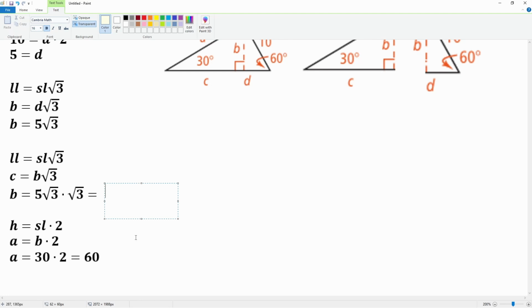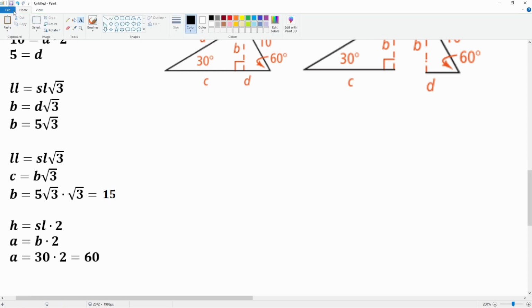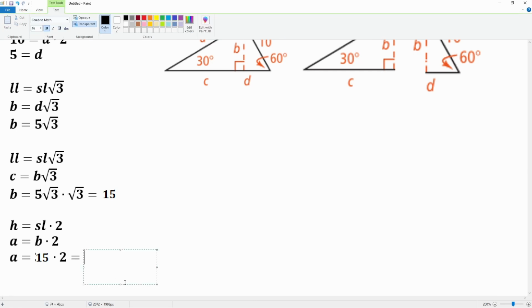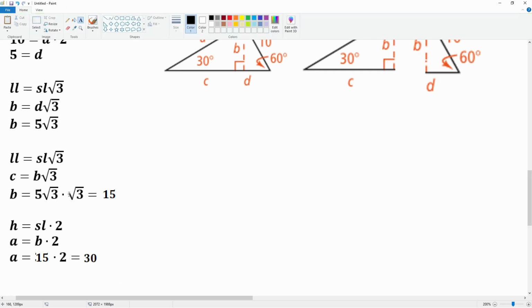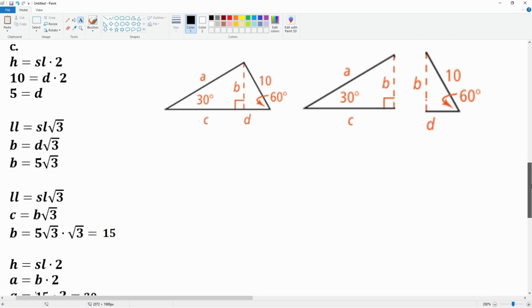Okay, and then since this is 15, once I plug the B value in here, this should be then 30. Okay, that makes more sense, right? Radical 3 times radical 3 is 3, 15 times 2. Yep, that makes more sense. That should be 30.